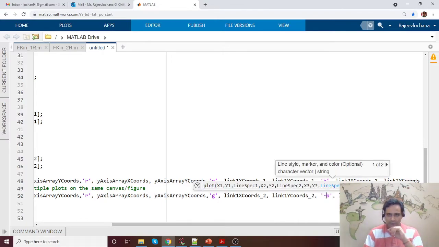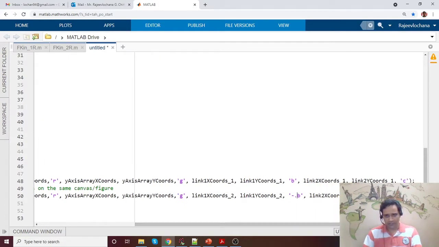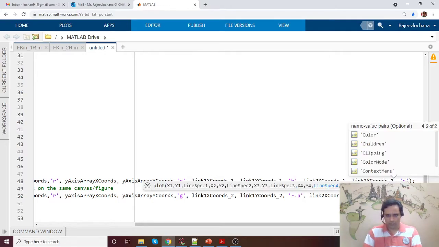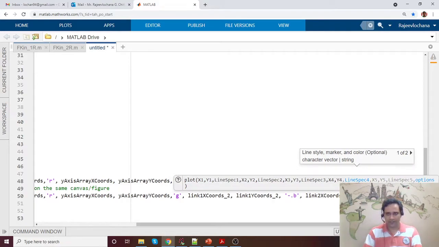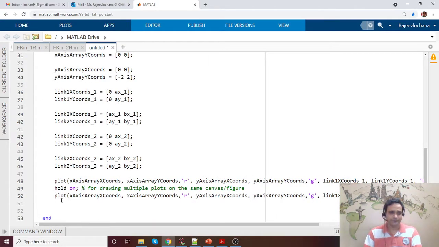Whenever we have a dash and maybe a dot, it will be a dash-dot line, so that we can distinguish both the solutions. Okay, we'll try it out, we'll see. I don't remember the exact syntax, but something should show up. So I want dash hyphen and 2 dot, so I hope it will be a dash-dot line.